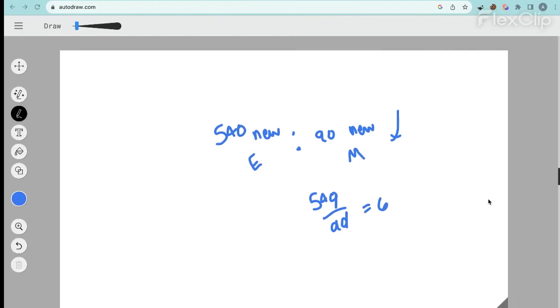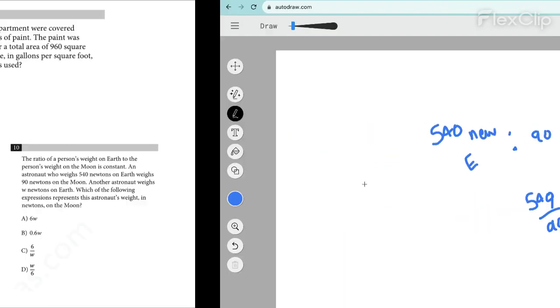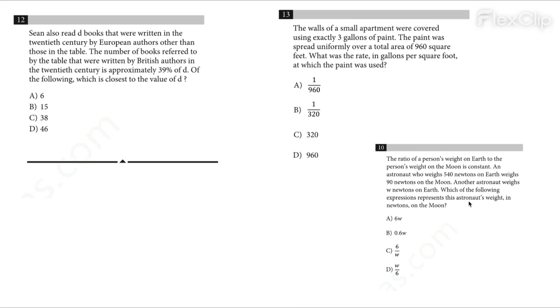This is the ratio that you're using, but it's talking about the astronaut's weight in newtons on the moon. And clearly from the problem, we know that the person weighs a lot less on the moon than on Earth.